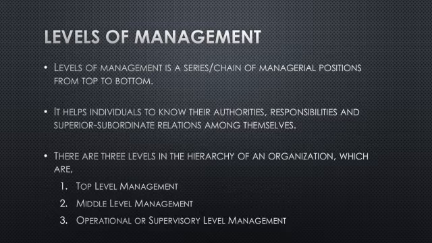To understand this further, let us understand the hierarchy of an organization, which is divided into three parts: the top level management, the middle level management, and operational or supervisory level management.